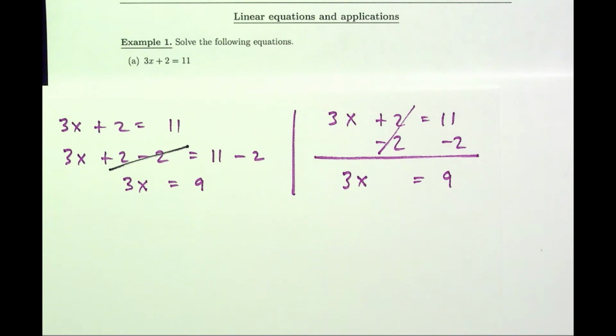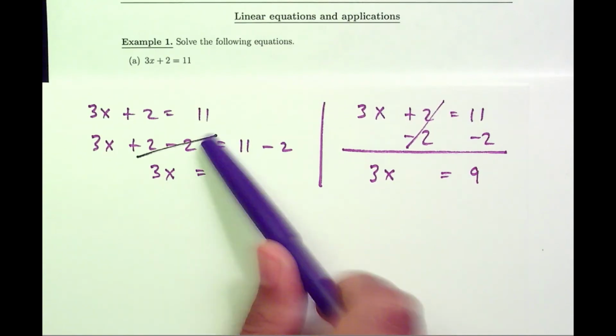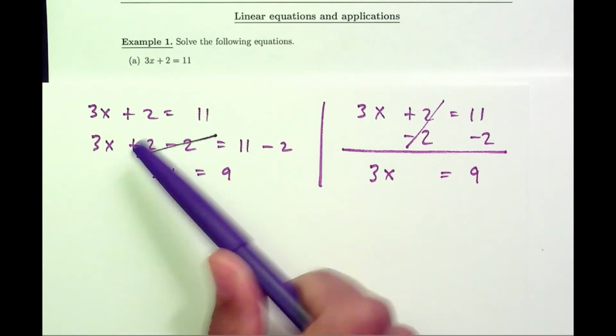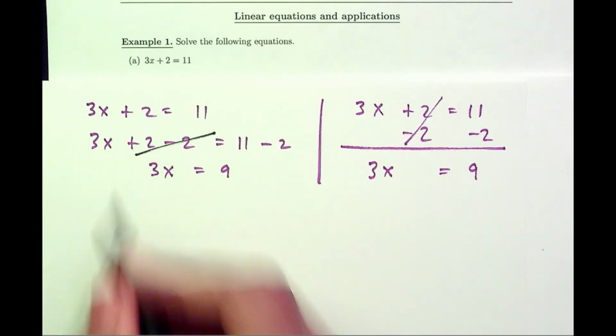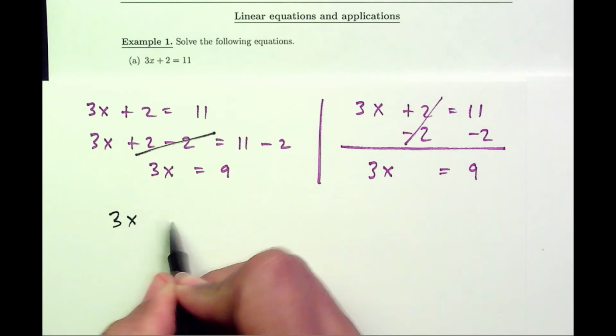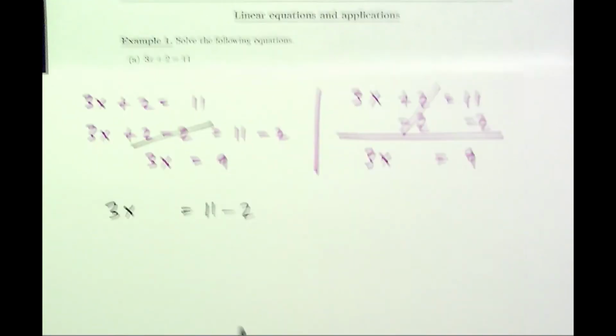I normally write it horizontally, more like this. However, I don't write this part over there, so I just write the 3x equals 11 minus 2.